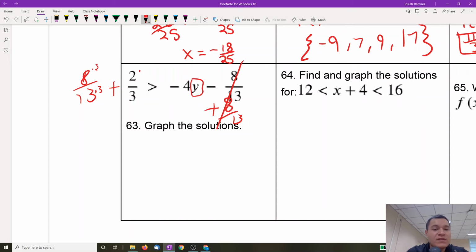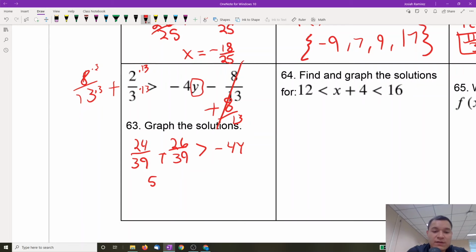And I'm going to have to scale this one up by 13. 8 times 3 is 24 over 39 plus 26 over 39 is greater than negative 4y. 24 and 26 make 50.